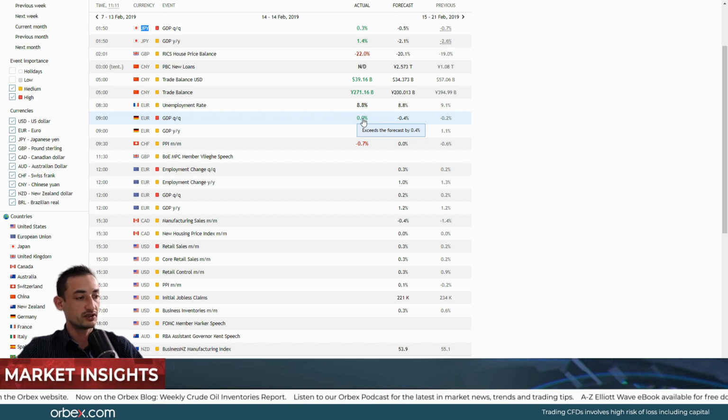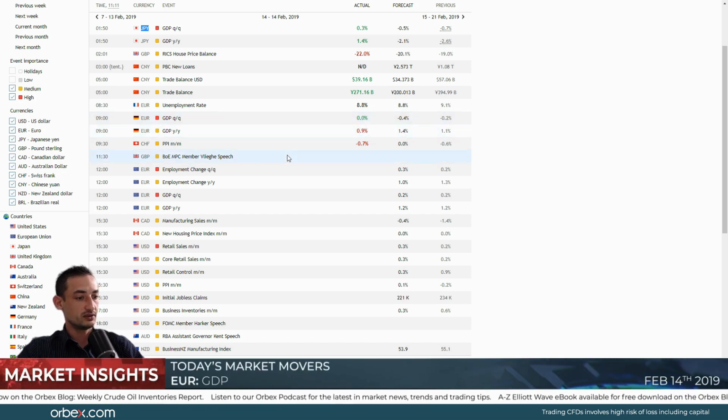So again, in the green. Now the next obviously expectations would be the Eurozone's GDP, the gross domestic product, followed by the retail sales in the United States. And I do believe that this could actually make a difference for the day.